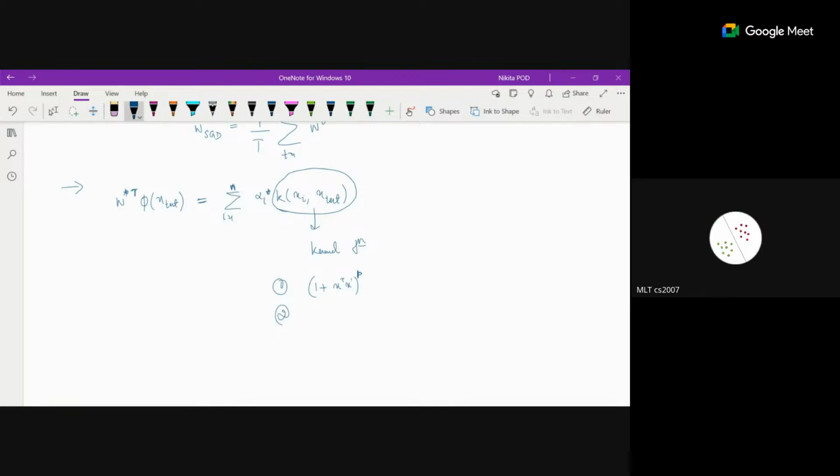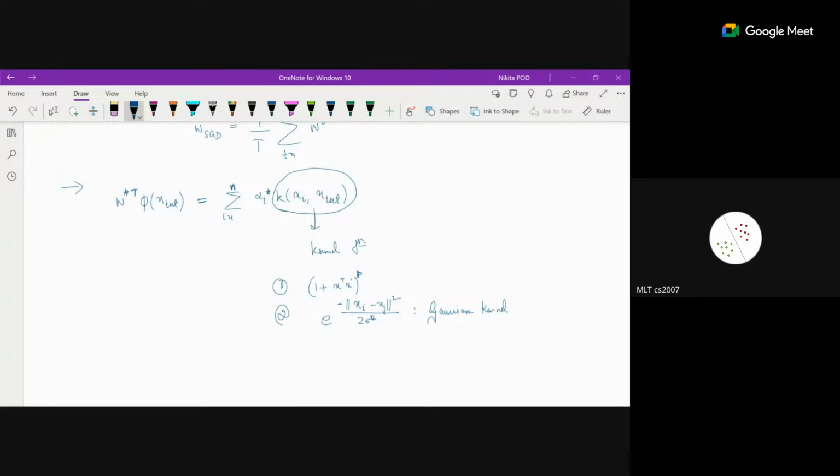And the Gaussian kernel was defined as, I think, 1 upon e to the power minus (xi minus xj) square upon 2 sigma square, something like this. It was defined, right? I think this was the Gaussian kernel. Okay. So these are the two kernel functions that we had seen.